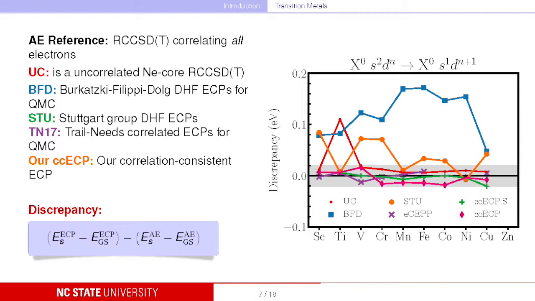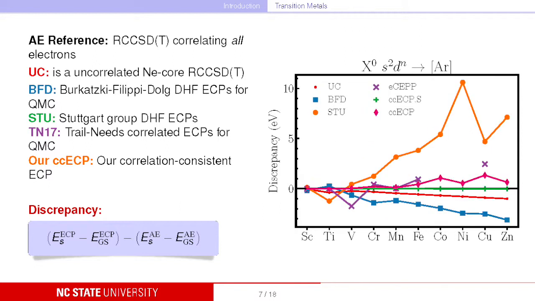So this is an S to D transition in the neutral transition metal, ground state, the S going to a D. And as you can see, these diamonds are our correlation consistent ECPs, and the error is relatively flat and actually quite small compared to a very large scatter for a lot of these other core potentials.